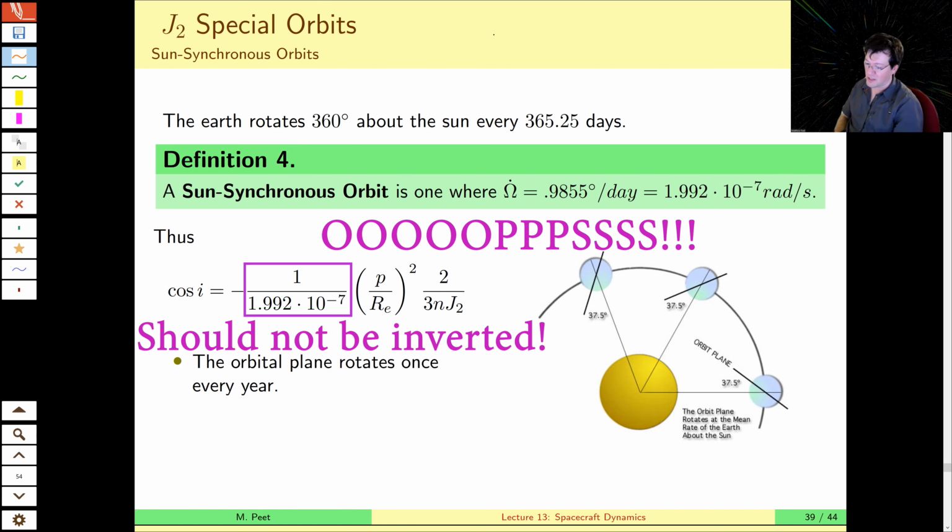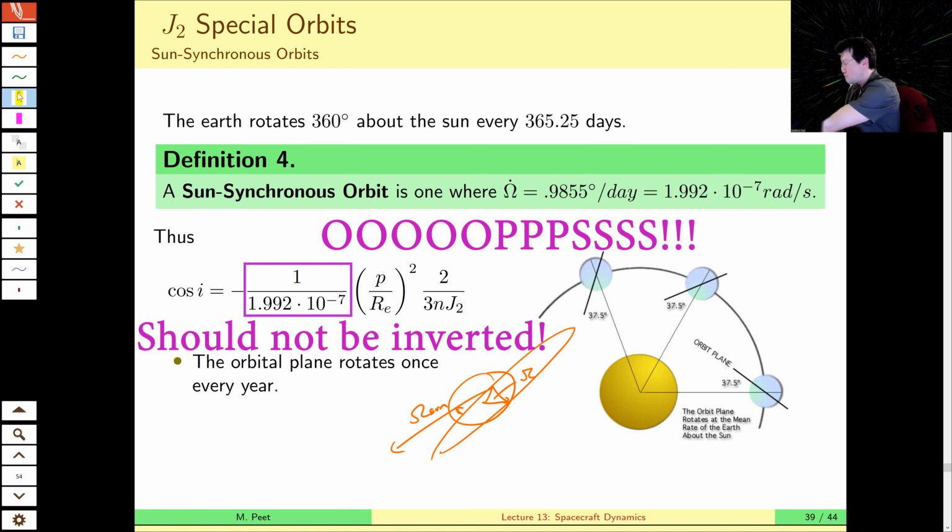Here's the right ascension of the sun. So the sun has its own right ascension. Here's the sun, here is the satellite, and here's the first point of Aries.